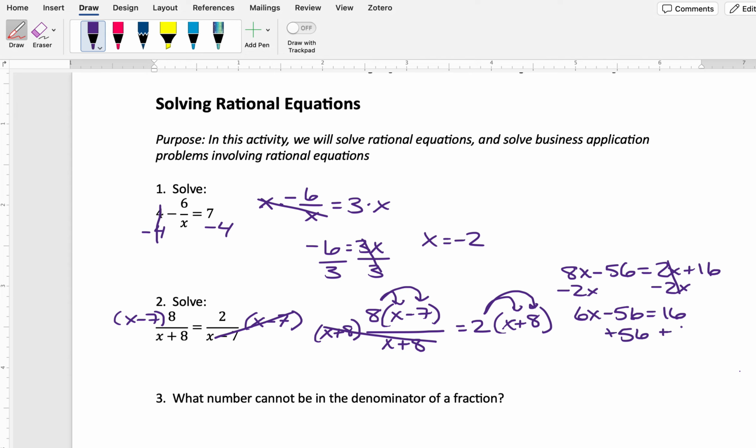Add 56 to both sides. And then lastly, divide both sides by 6. And when I do that, I get x equals 12.